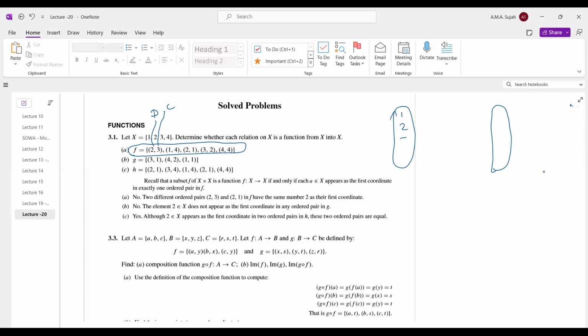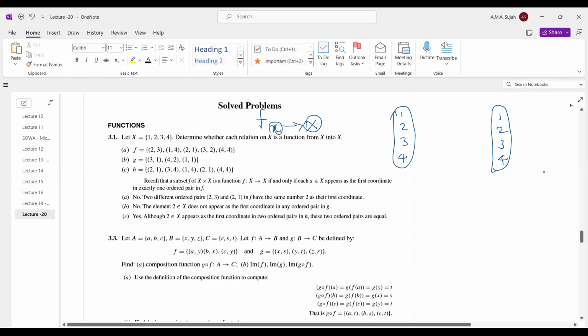So first thing we need to draw the graph. This is an identity function, meaning both domain and codomain have the same set of elements, 1, 2, 3, 4. Now I need to draw the arrows. If I look at the first one, the domain is 2, codomain is 3. So I can draw from this way, 2 to 3.